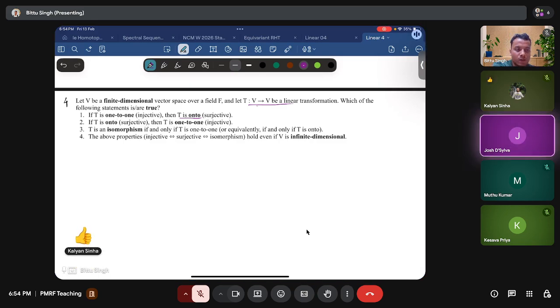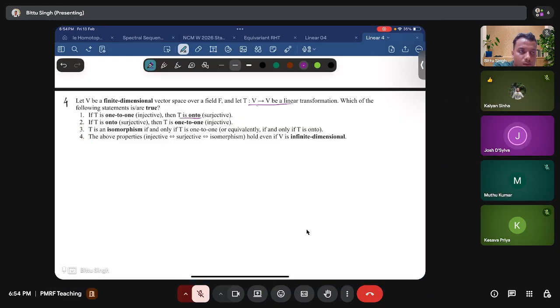Why will it be true? Because the range of T is equal to the whole domain. If it's 1-1, then it will cover the whole range already. The domain and the codomain will be equal. Yes, the idea is, since it is finite dimensional, the logic is true, but it mainly occurs for finite dimensional.